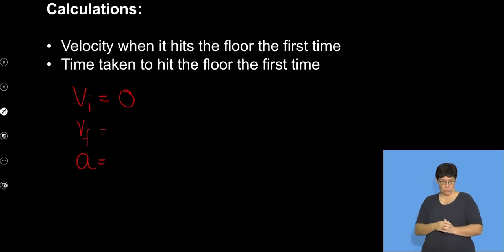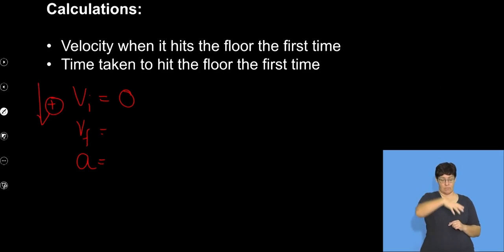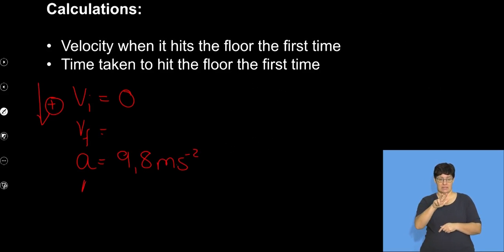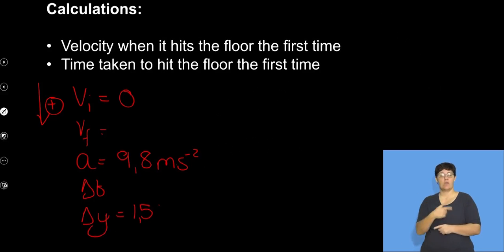I'm going to take down as positive because it was dropped, which means my acceleration is 9.8 meters per second squared. I don't know delta t, but I do know delta y, because we said it was 1.55 meters, okay? I want the velocity when it hits the ground for the first time.